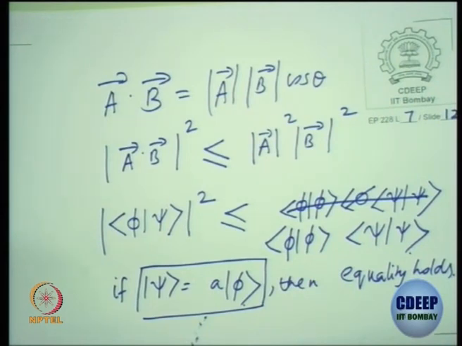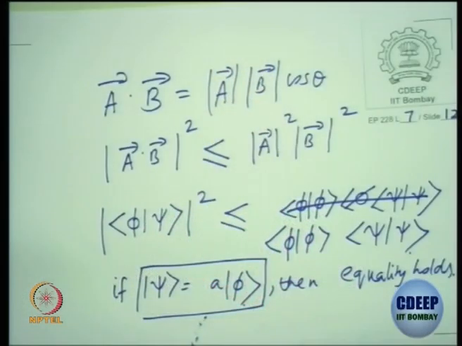If psi is some linear multiple of phi, then psi and phi are linearly dependent, or in the language of your vectors, they will all be collinear, they will all be in the same line.